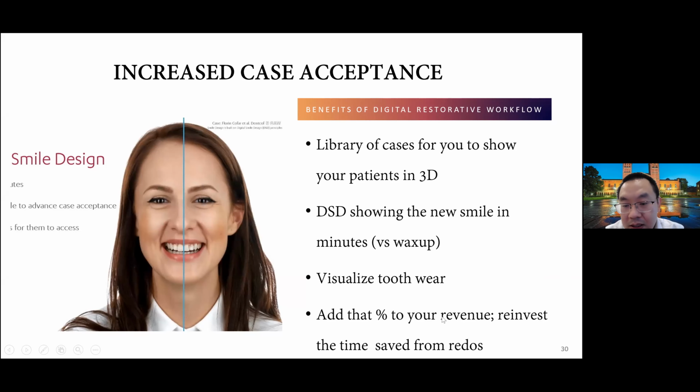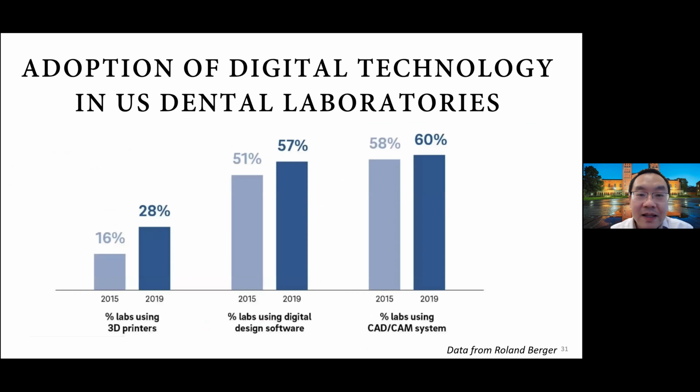So all of those things will become a percentage of your gross profit too, right? Let's say another 15% of case acceptance. Add that 15% to your gross revenue, right? And that's the cost we didn't even talk about in the cost savings. And you're saving all that time from the redos that you didn't have to do again. Now you can reinvest that time to do those additional cases in your practice, right? So overall, let's say adoption of the labs is already ready, right?